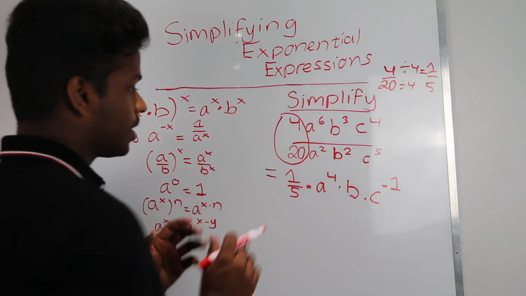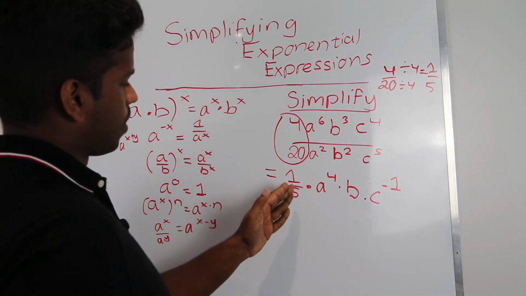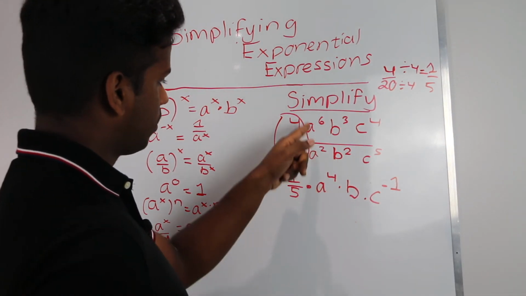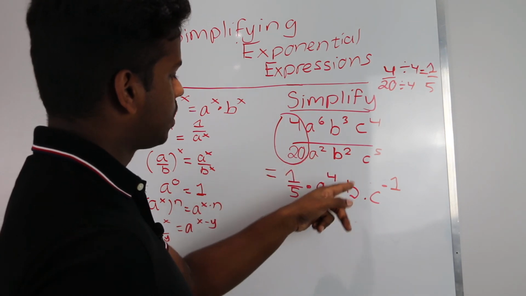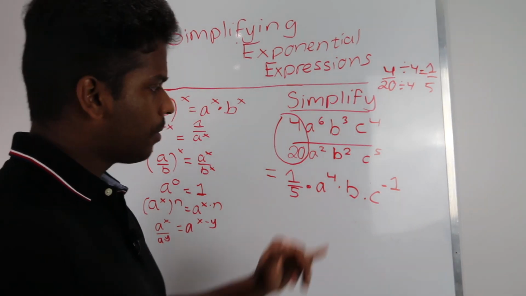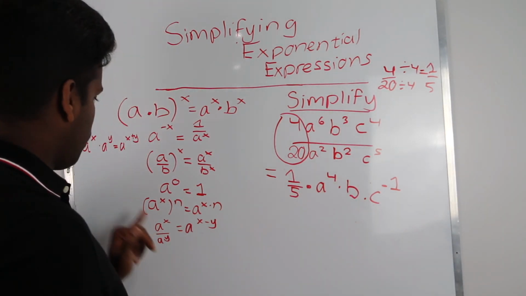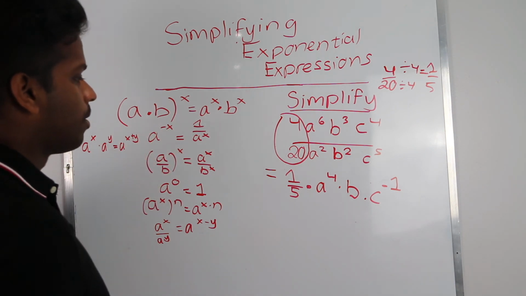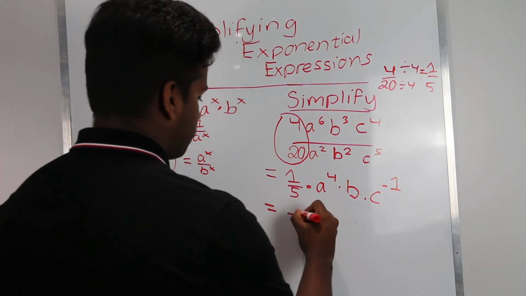If we notice here, we have 1 over 5 times a to the power of 4, times b to the power of 1, times c to the power of -1. If you notice c to the power of -1, we have another law of exponents, which is the negative exponent rule. What do we do with a negative exponent?